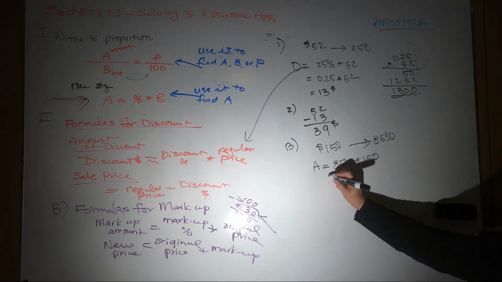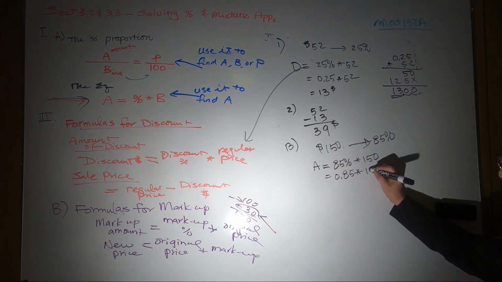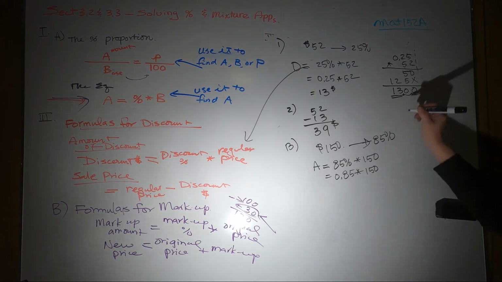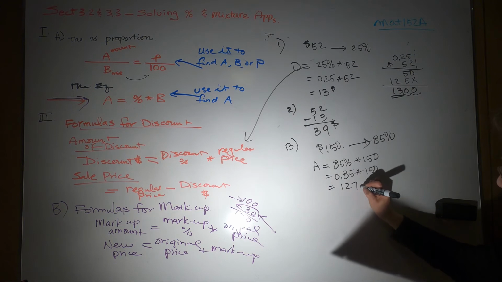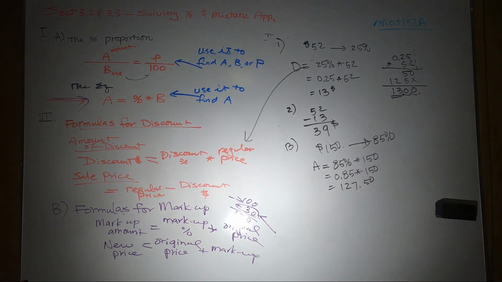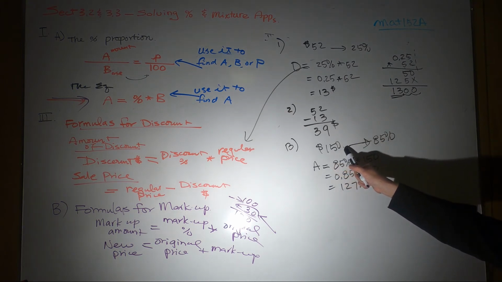You change your percentage to 0.85 times 150. Then you do your decimals, and that would be $127.50.